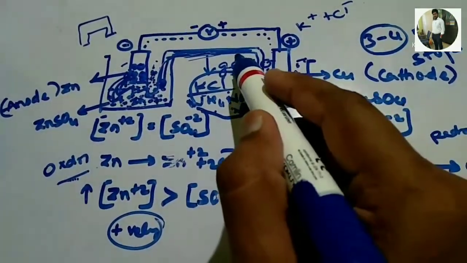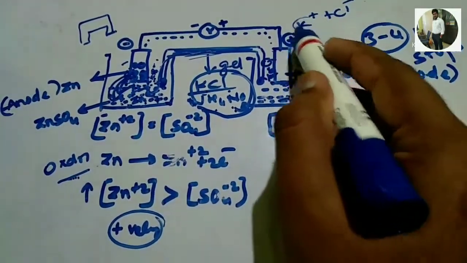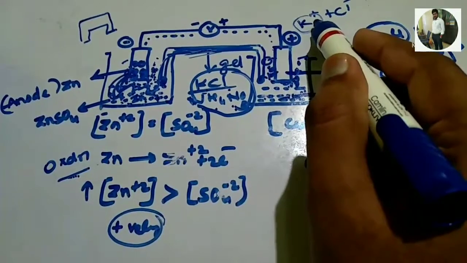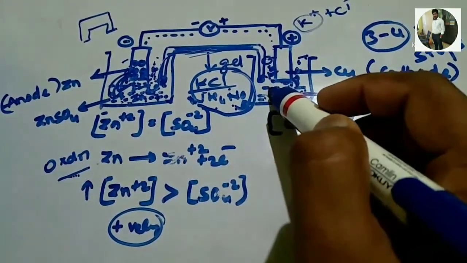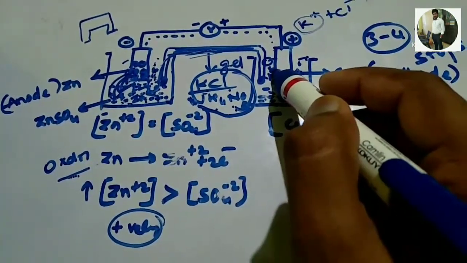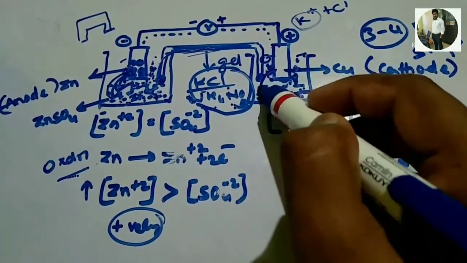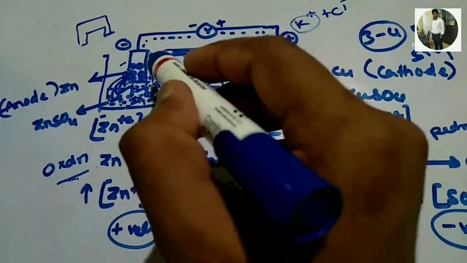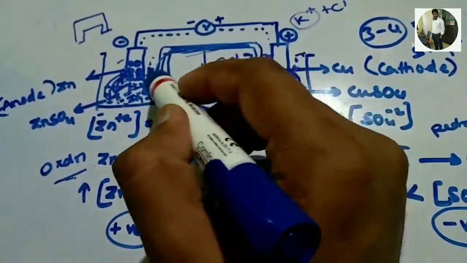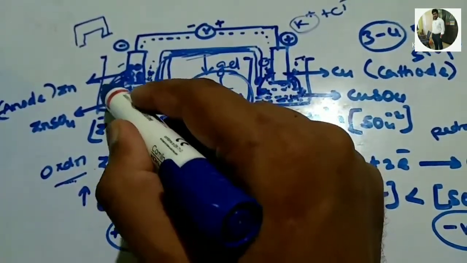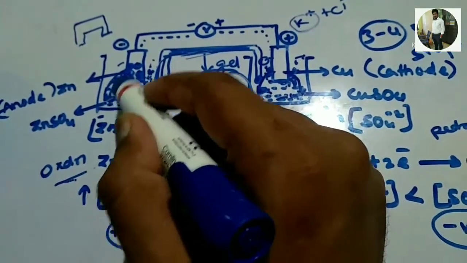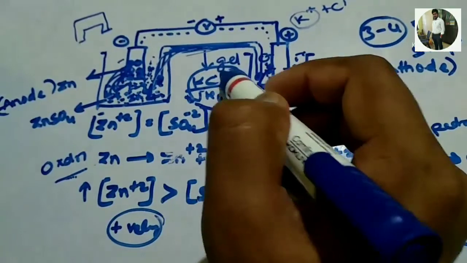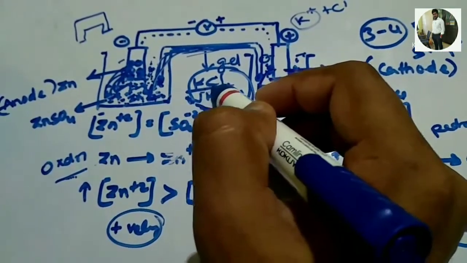What type of ions will go into the solution? K+. SO4 minus 2 is negative and K+ is positive, so the positive ions will go into the solution and get attracted to the SO4 minus 2, and the electrons can move easily. Why? Because the Zn plus 2 ions have gone into the solution, by introducing a Cl- ion from the inert electrolyte, that is KCl.